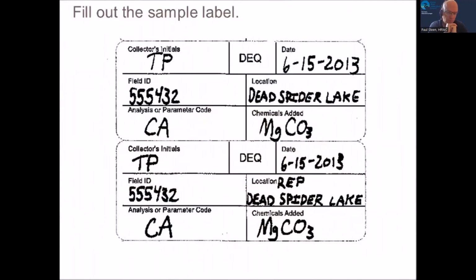In addition to the basic lake information, write Ca in the parameter code box and write MgCO3, which stands for magnesium carbonate, into chemicals added. Remember, you added magnesium carbonate in an earlier step. On the label for your second sample, write REP next to the lake name. This is short for replicate.